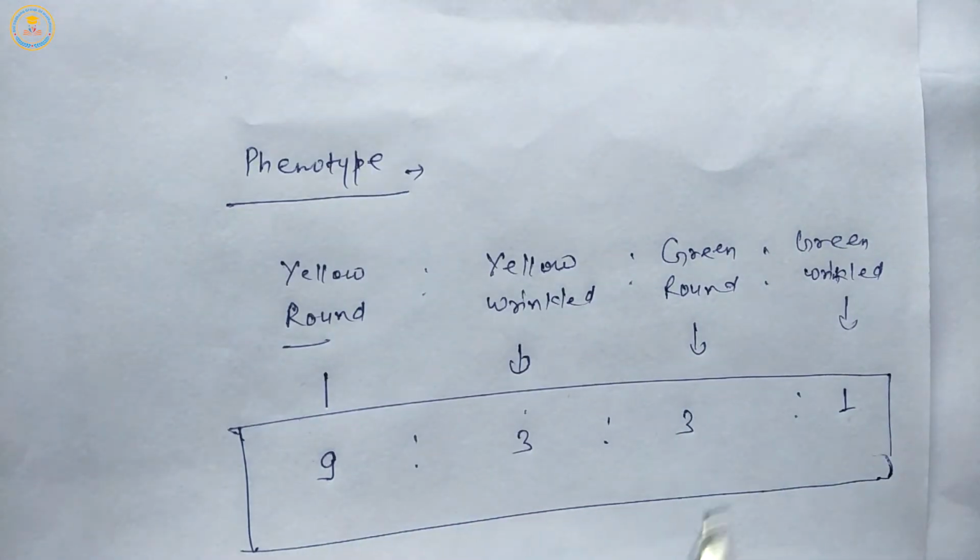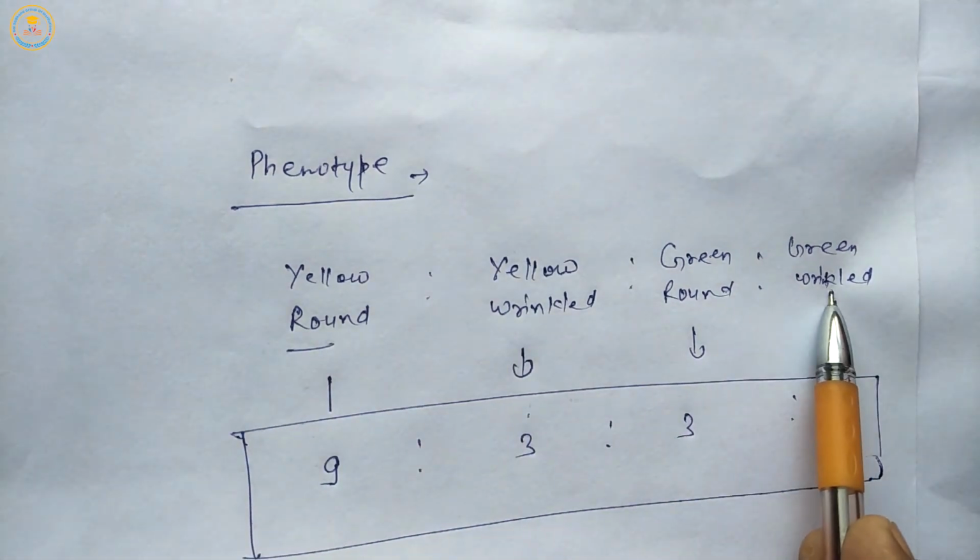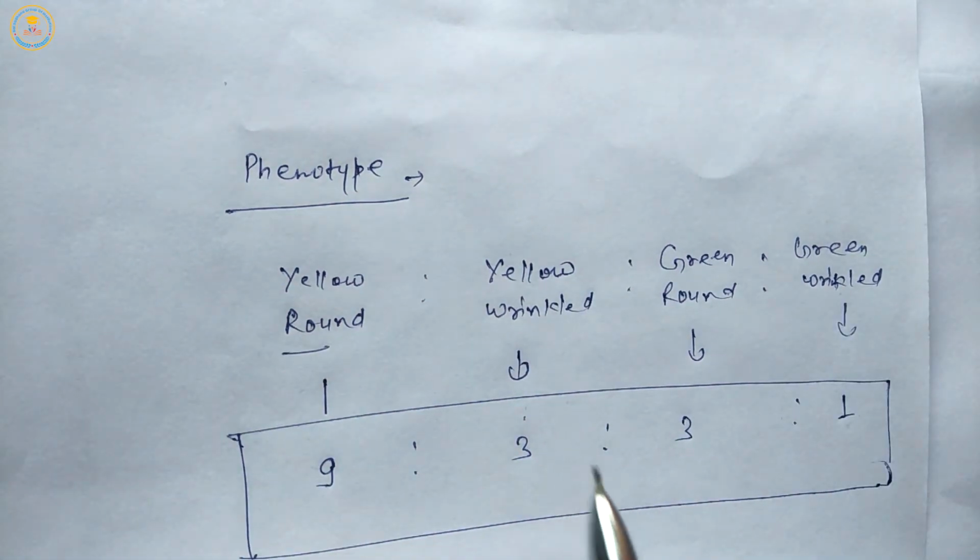But in the F2 generation, four types of plants are formed. So each trait is independent, and one trait is not affected by another. So this law is called independent assortment.